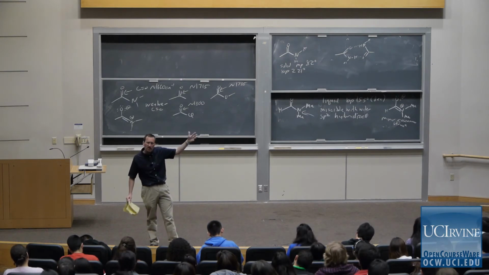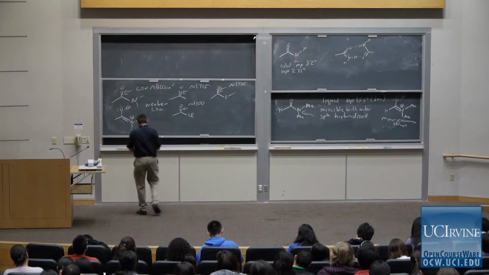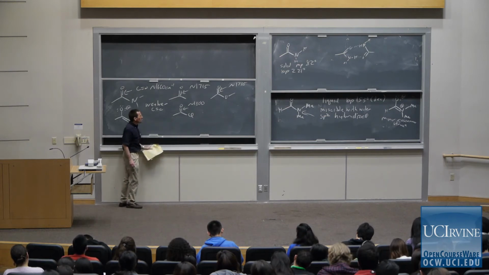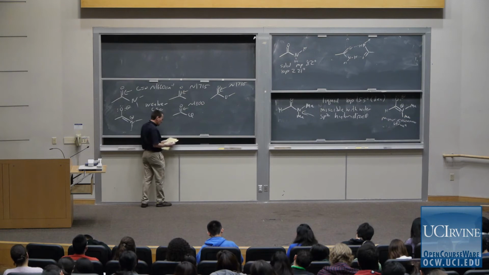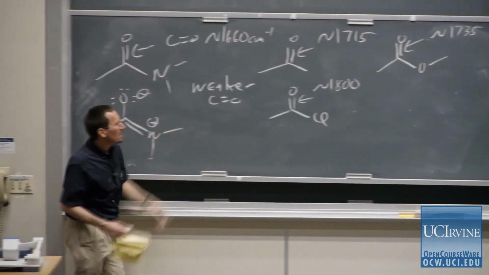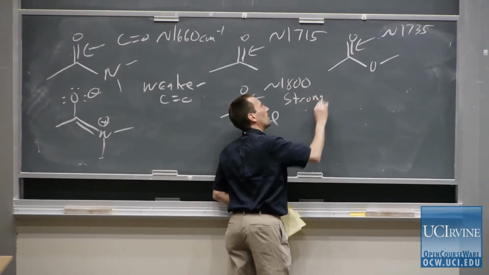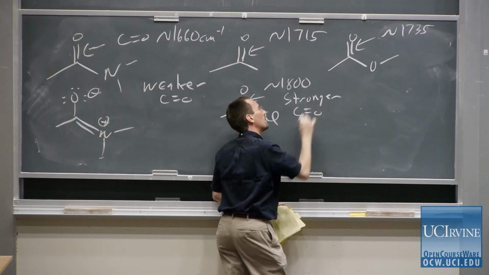Then at the other end, you look and you'd say 1800, that really starts to look different. There are a couple of ways you can think about it. Obviously the fact that we're at 1800 means here we have a stronger C=O bond.